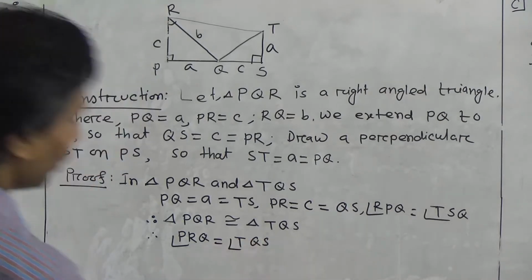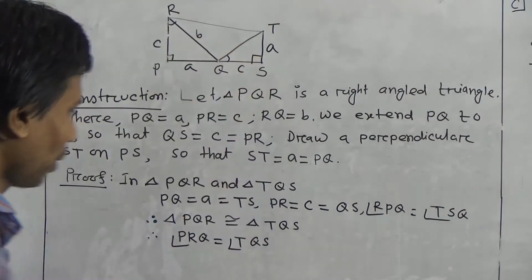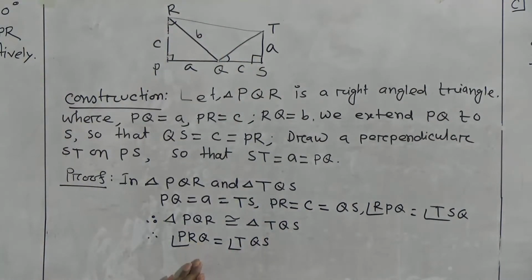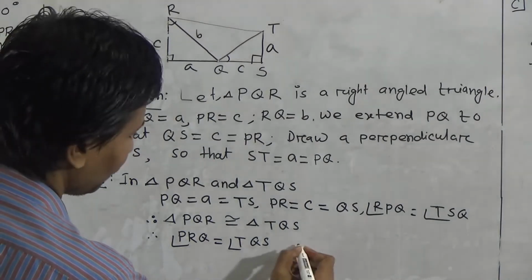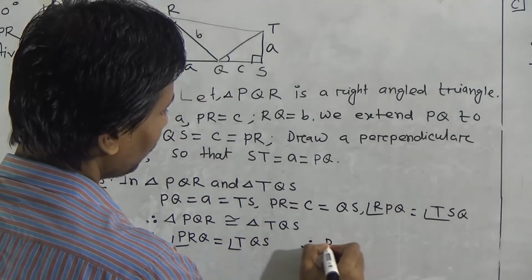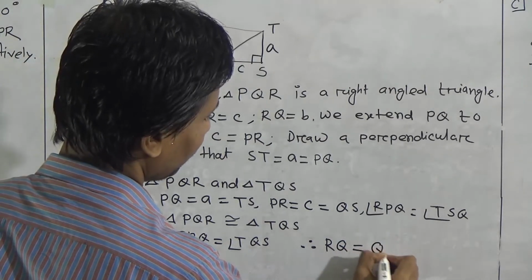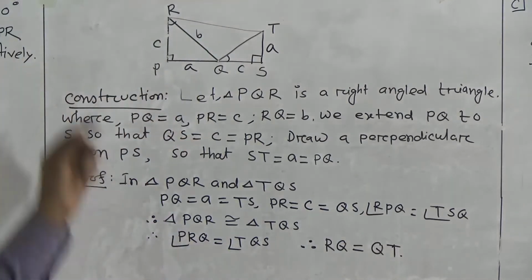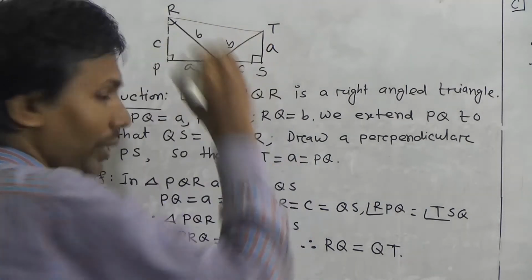TQS. Okay. That means PRQ equal to TQS. We are capable to prove this. Therefore, we can say RQ equal to QT. Okay, RQ equal to QT. That means this is also B.